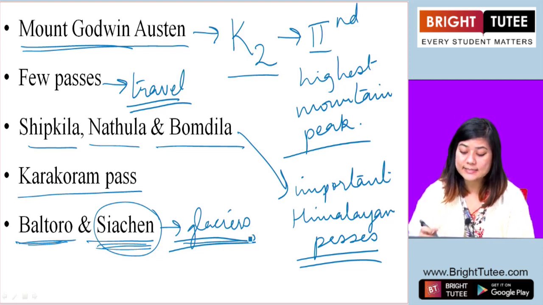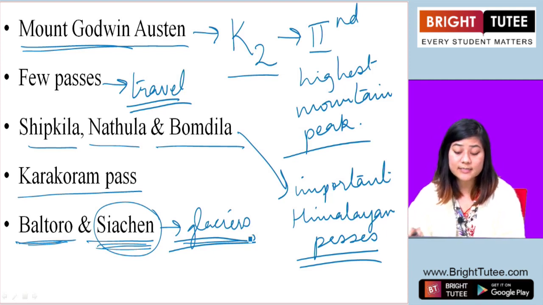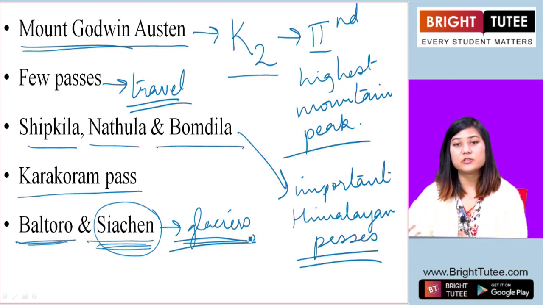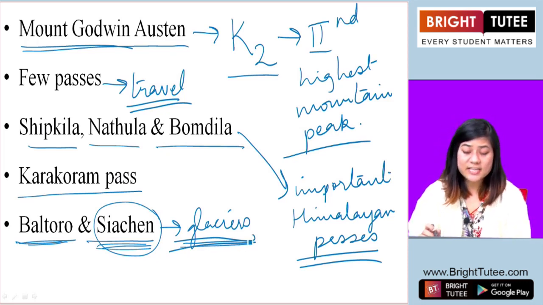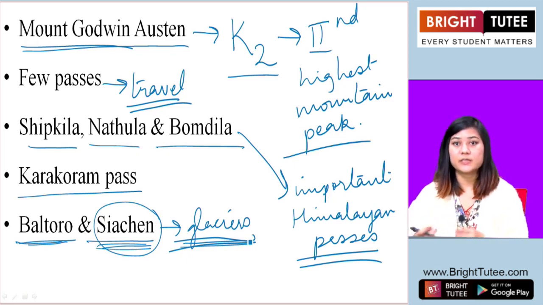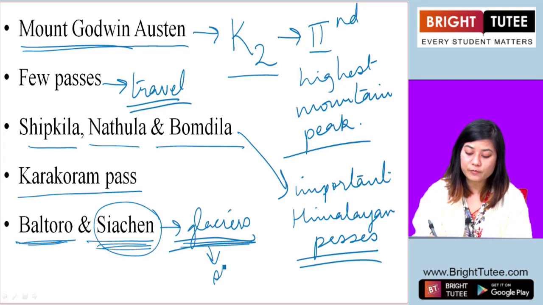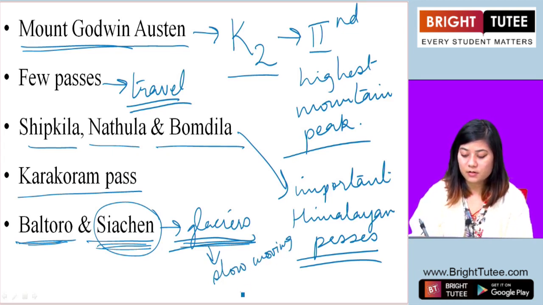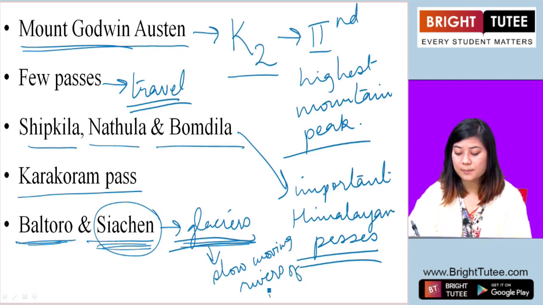Now, when I say glaciers, what are glaciers? We know what rivers are, right? Rivers are the course of water that flows down on a plain area. Now, glaciers are just like rivers, but they are found in the mountains. So, these are slow moving rivers, not of water but of ice and snow.